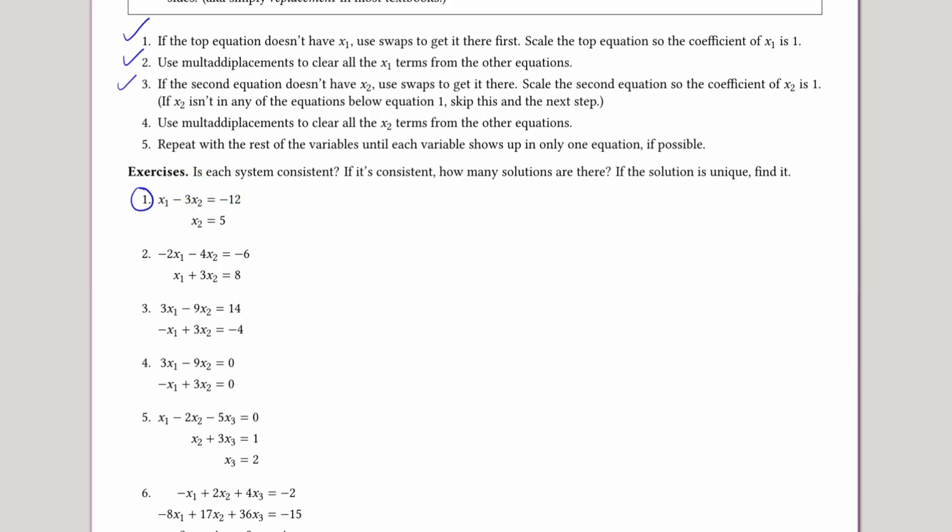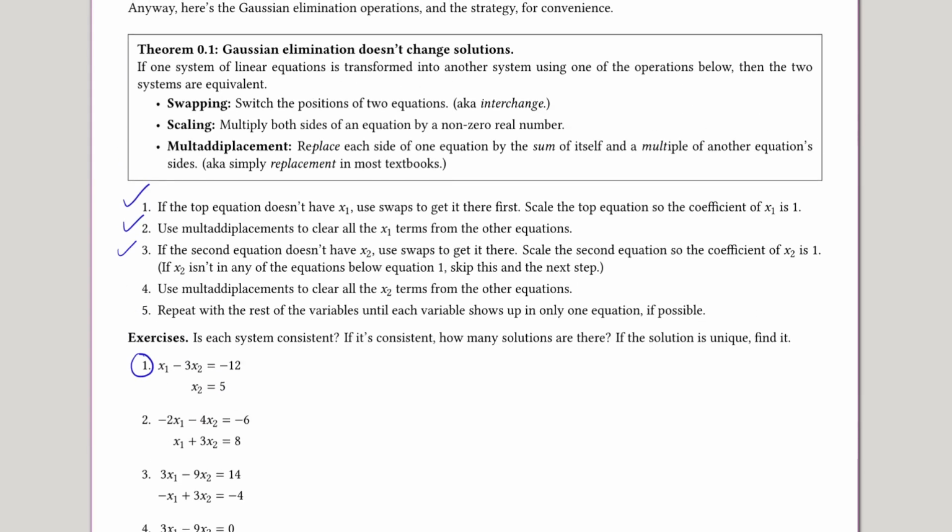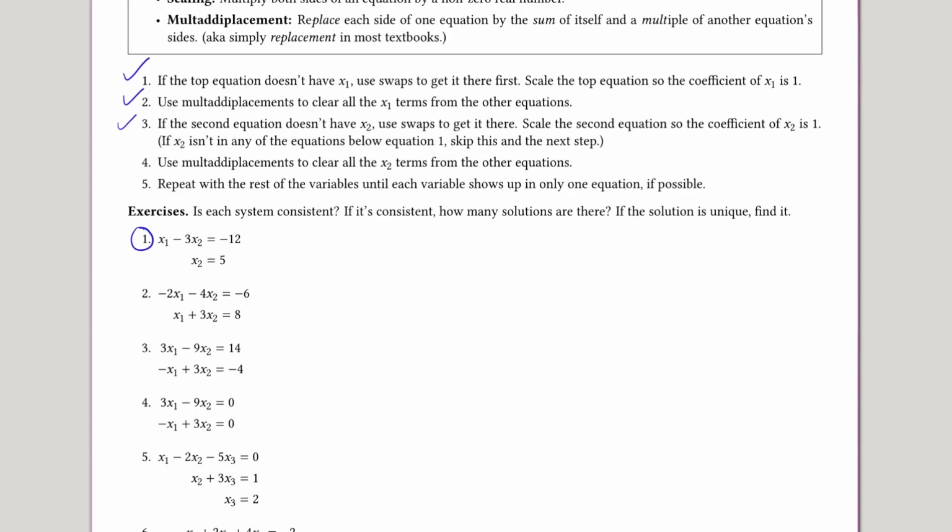To do that, we want to take this negative 3x2 and add 3x2 to it. So we're going to replace each side of one equation by the sum of itself and a multiple of the other equation's sides. The equation we want to replace is equation 1.